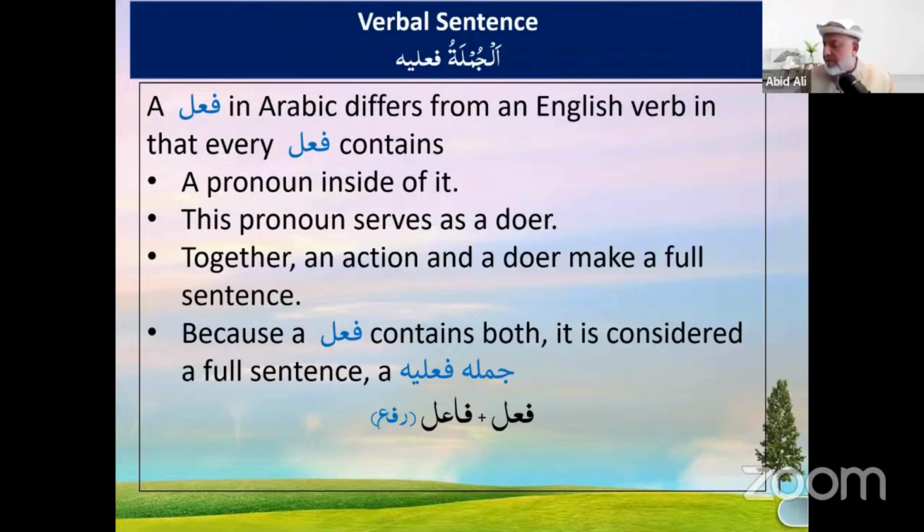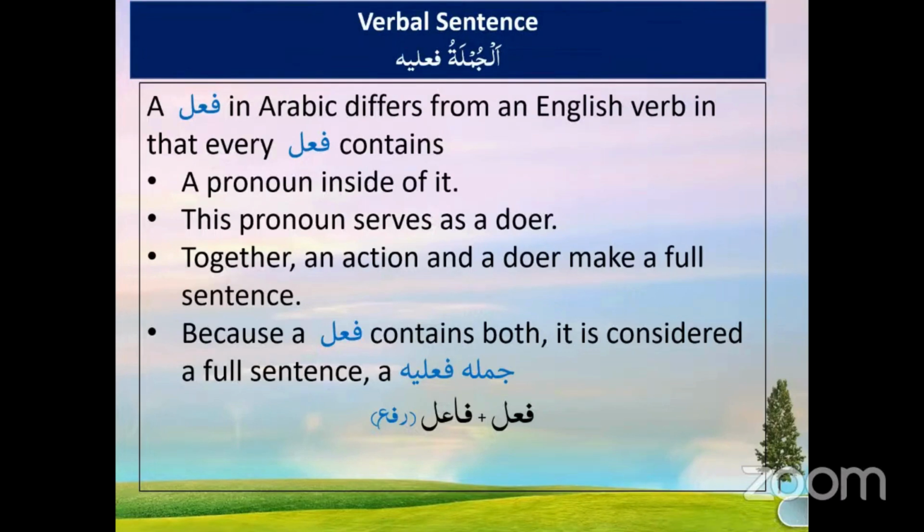So in Arabic, we have a fa'il by default inside the verb. And this idea of what that is, we are going to cover in an example right now. Okay, let me show you this. Let's read through this. A fa'il in Arabic differs from an English verb in that every fa'il contains a pronoun inside it. Do you guys know what a pronoun is?